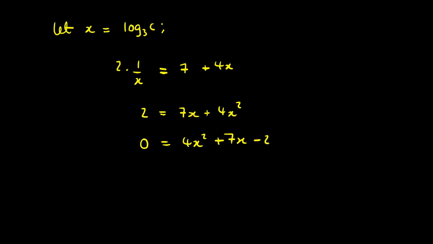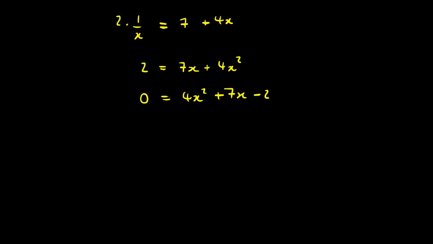Quadratics, you can use your calculator to solve, you can use the quadratic formula, or you can factorize. I'm going to try to factorize here. I need two numbers that multiply to give negative 2. That could be negative 1 and positive 2, or the other way around. I'll do a bit of guesswork: 4x and x, with plus 2 and minus 1.